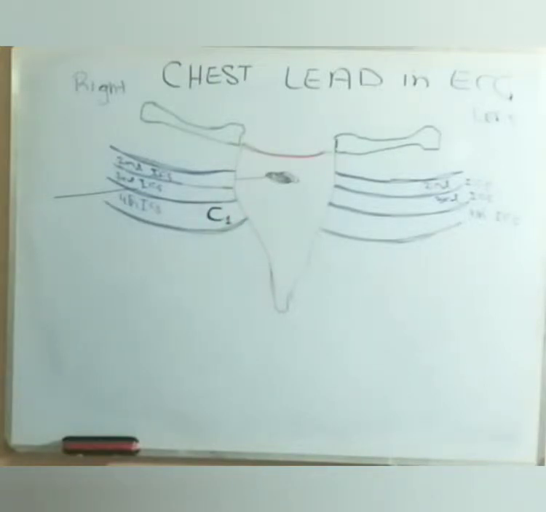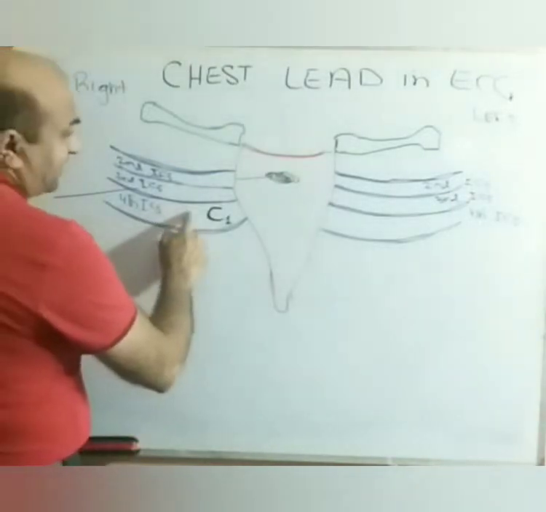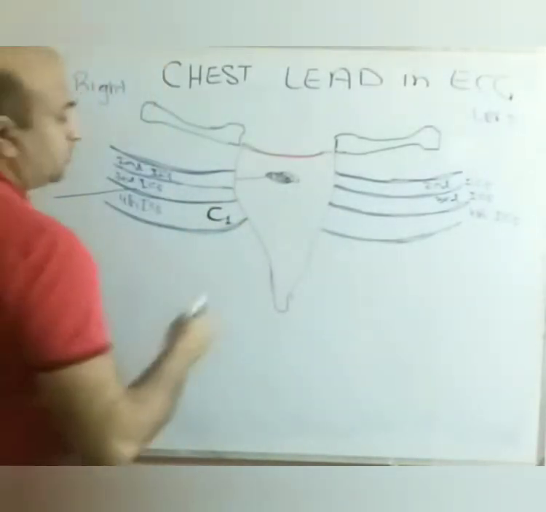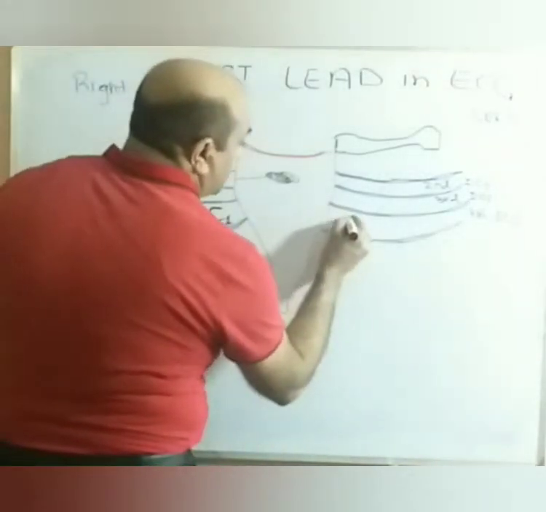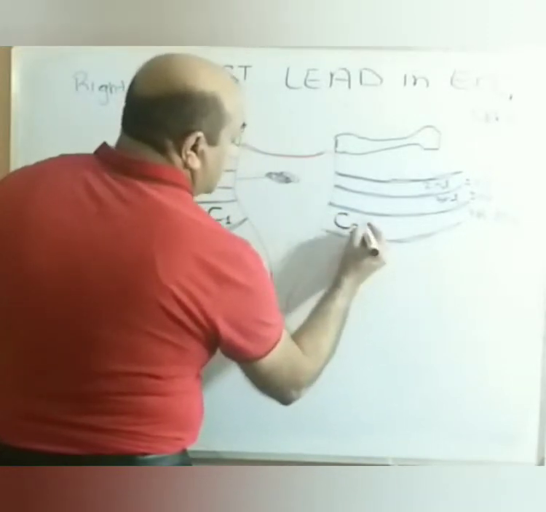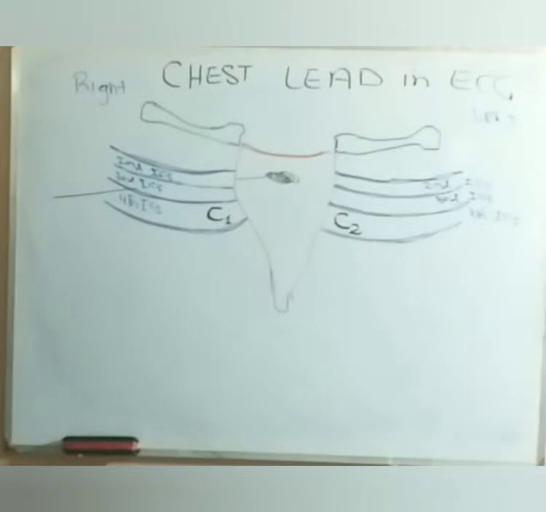So now where will we place chest lead 2? We place chest lead 2 exactly opposite to chest lead 1, in the fourth intercostal space but on the left side of the sternum, near the sternal border.